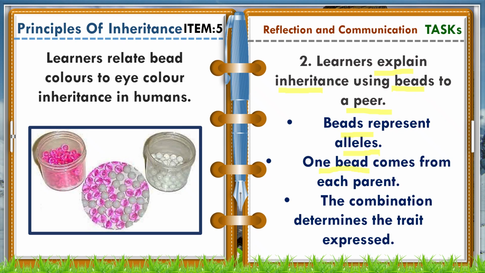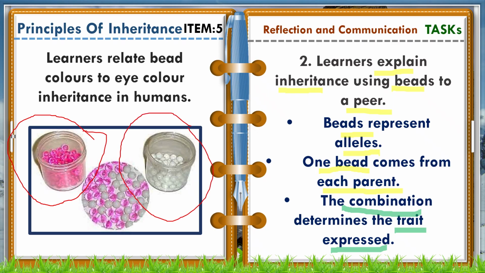One bead comes from each parent, and the combination determines the trait expressed. So the learners are going to pick beads from this parent, and then beads from this parent. Then they will combine the two and make a combination, and this combination is going to determine the type of trait expressed.